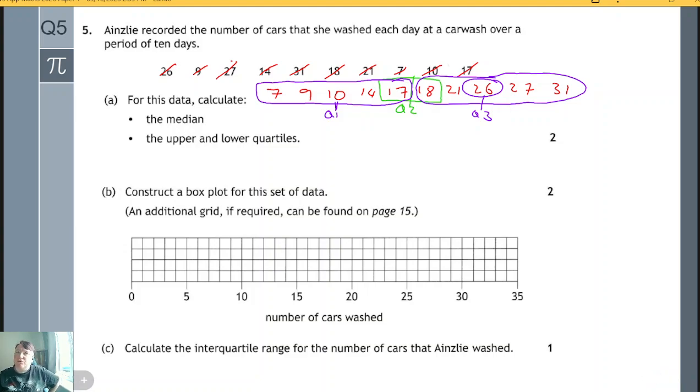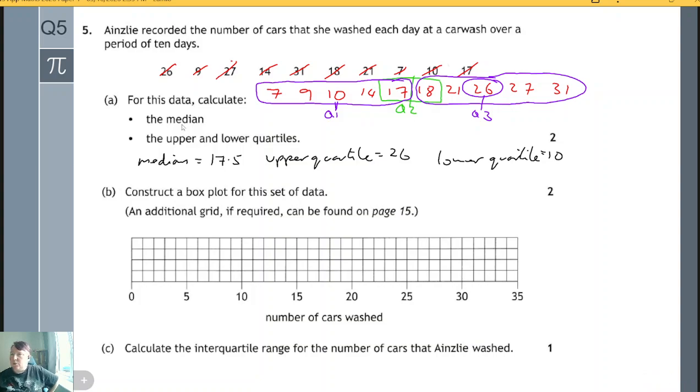Right, we have to draw a box plot. Our median is 17.5. Our upper quartile is 26 and our lower quartile is 10.